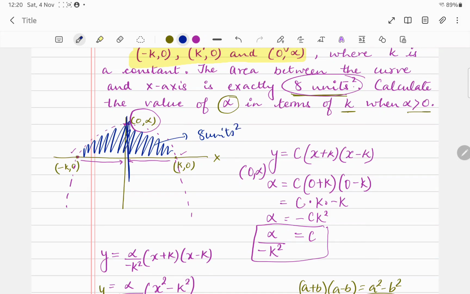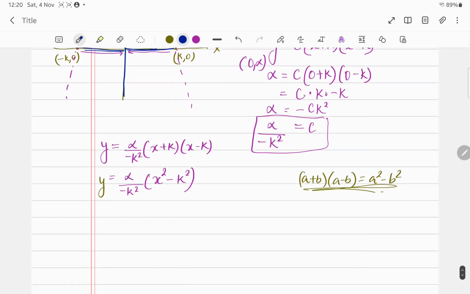We know the middle line is the axis of symmetry, so this part is exactly half of the whole. I will integrate from 0 to k, because it's easier when one of the limits is 0.